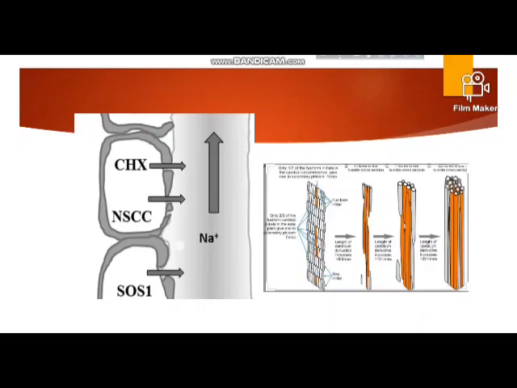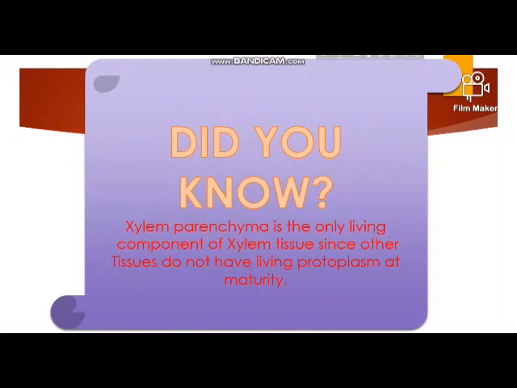The xylem fiber has thick walled cells that provide mechanical support to the plant. Did you know? Xylem parenchyma is the only living component of the xylem tissue, since the other cells do not have living protoplasm at maturity.